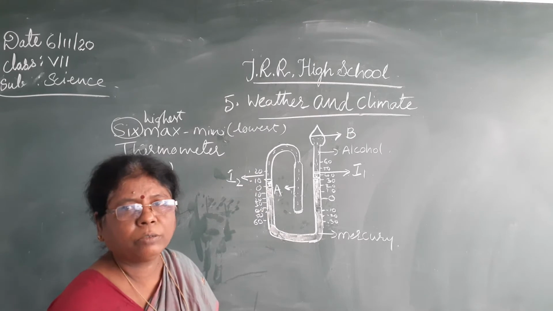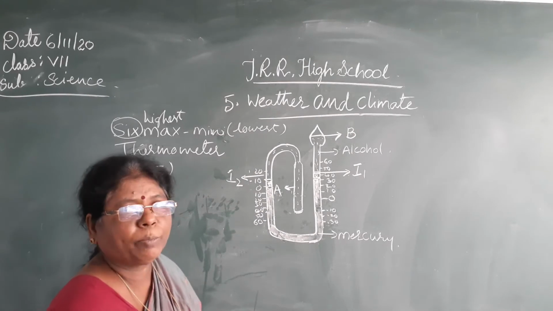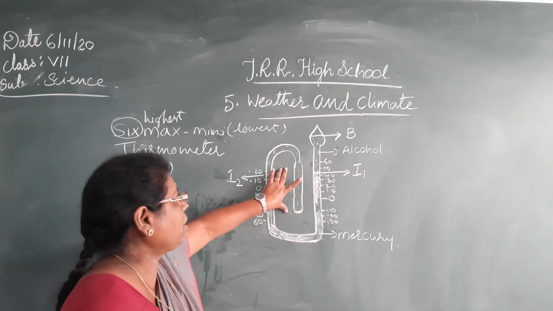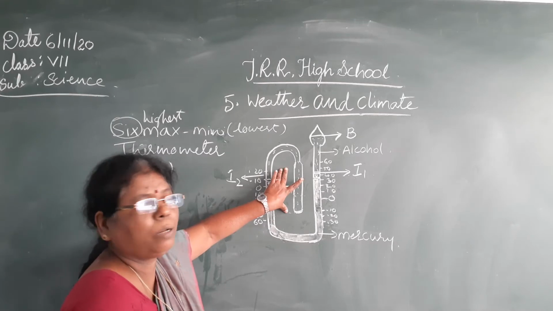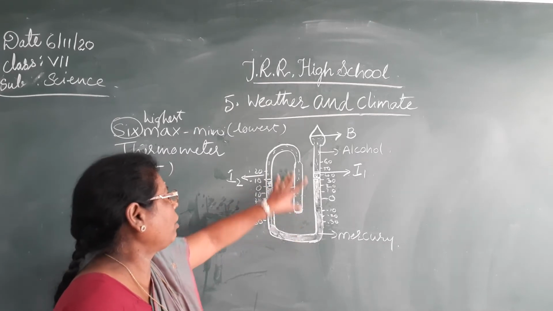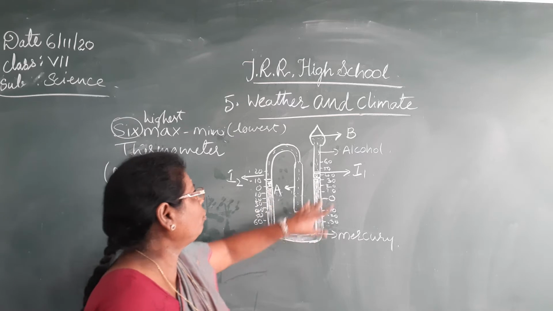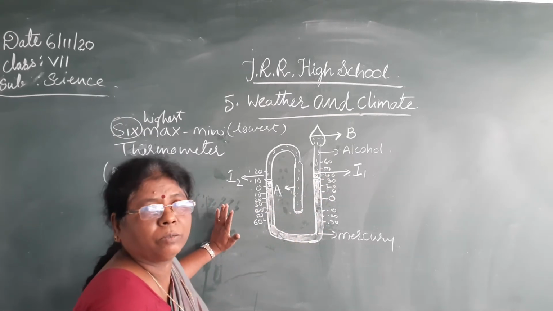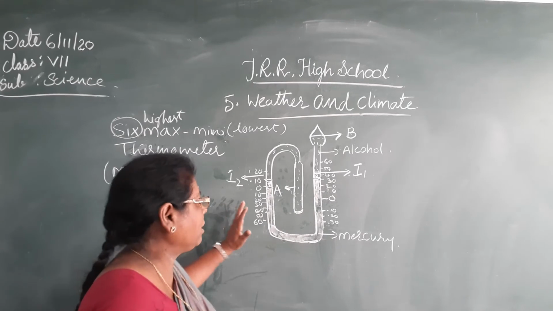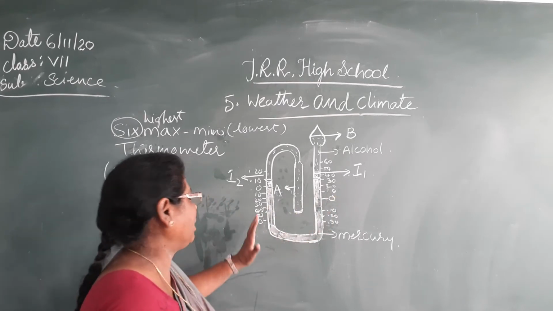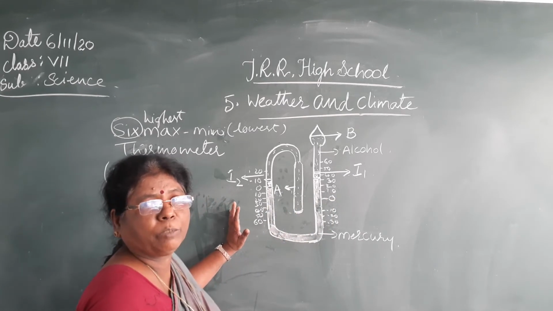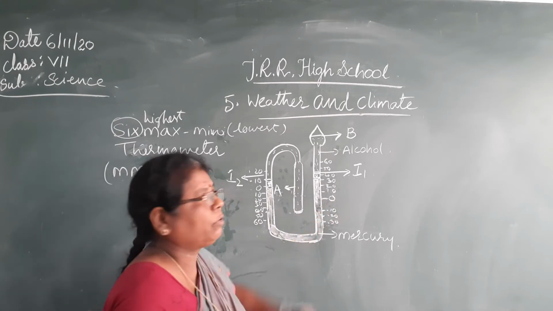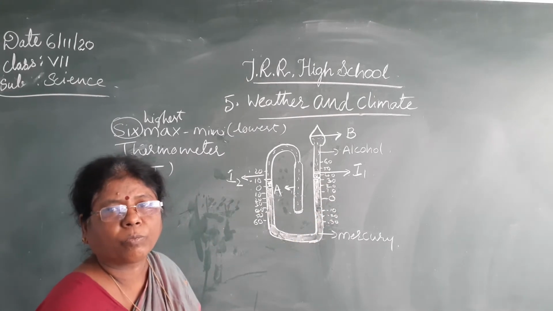So, understood the parts of the thermometer? This is a cylindrical bulb which is filled with alcohol and it is connected with the U-tube which contains mercury. And these are calibrated with the readings, highest reading and minimum. The highest temperature and minimum temperature are there on this tube.